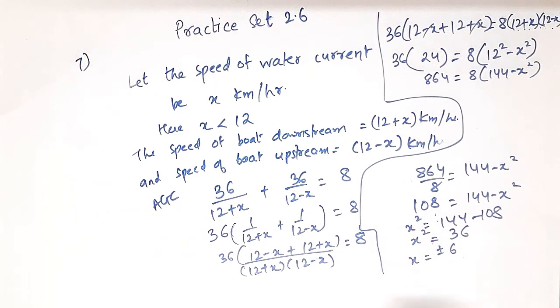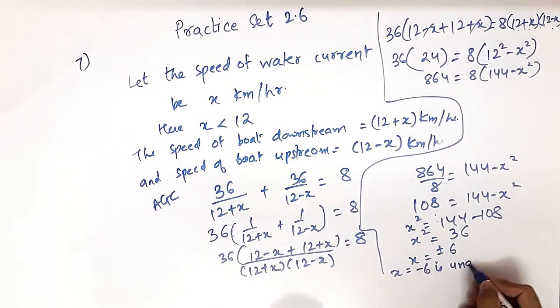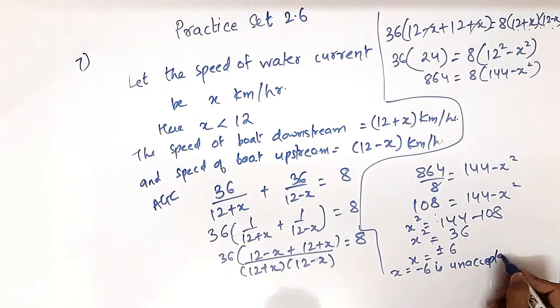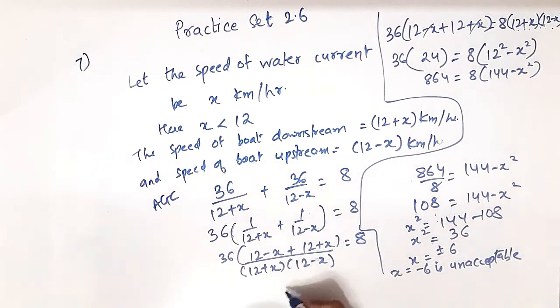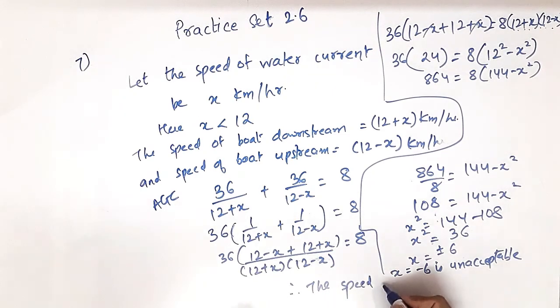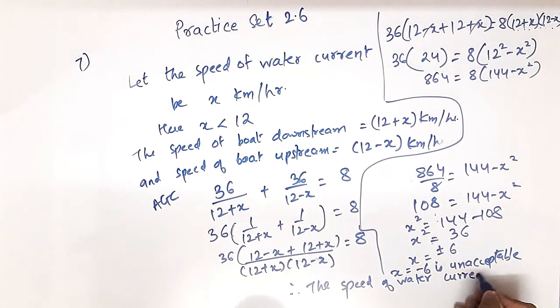You can see speed cannot be negative, therefore x equals minus 6 is unacceptable. Therefore the speed of water current is 6 km per hour.